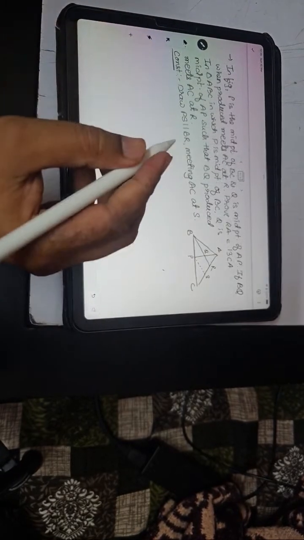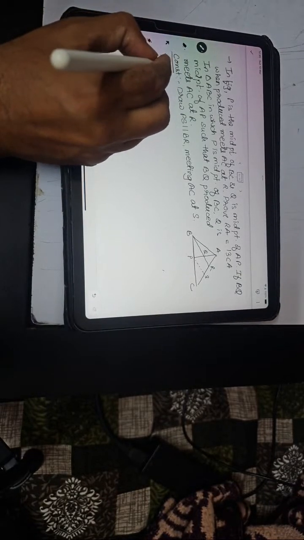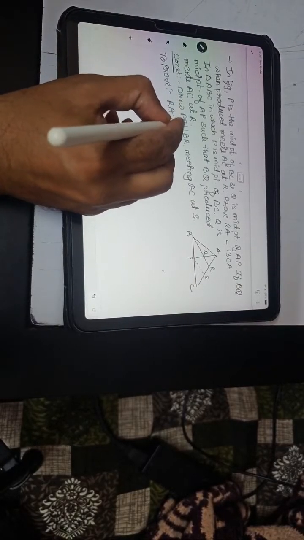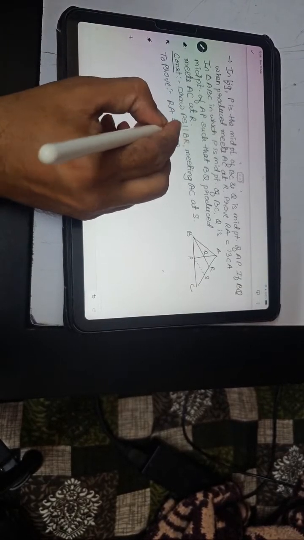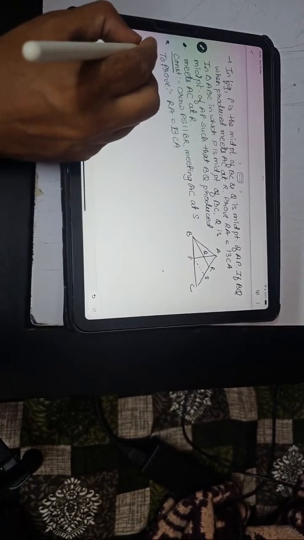To prove, given to me, I have to prove that RA equal to 1/3 CA. So proof.